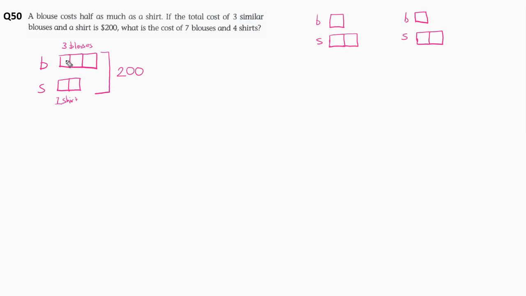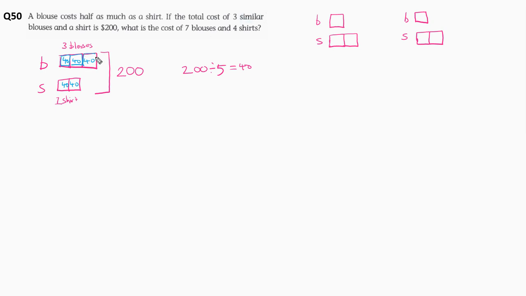Okay, so how many parts have we got? 1, 2, 3, 4, 5. Well, we know by now that if we divide 200 by 5, we are going to get the value of each of those parts, which is 40. Okay, so 40, 40, 40, 40, 40. Now, remember, each of these was a blouse.